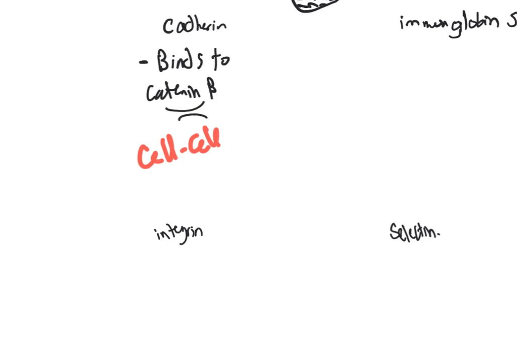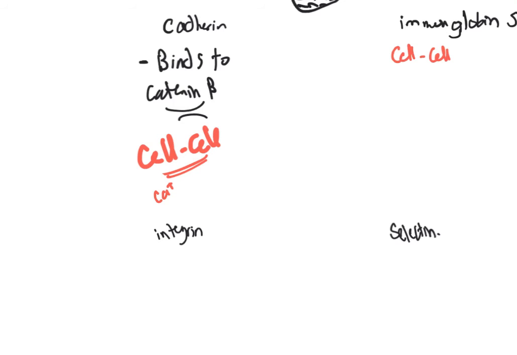For cadherin, it's usually homophilic, and also it's calcium dependent. So this one is calcium dependent. For immunoglobulin superfamily, it could be homo or heterophilic, and it's also most likely cell to cell.